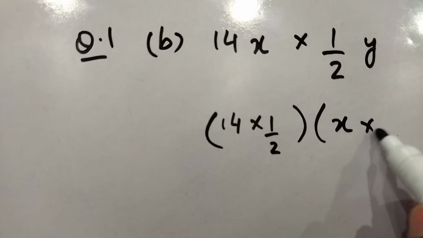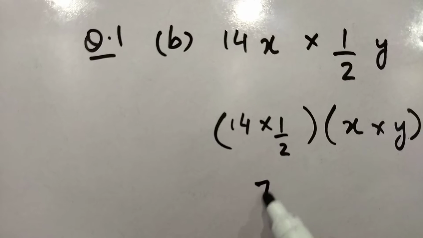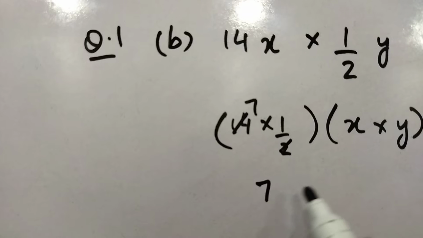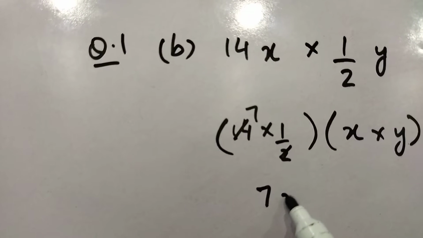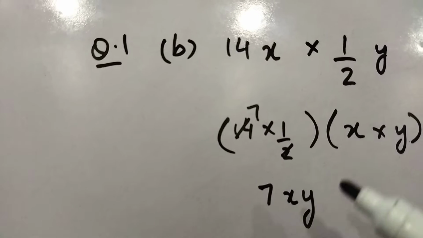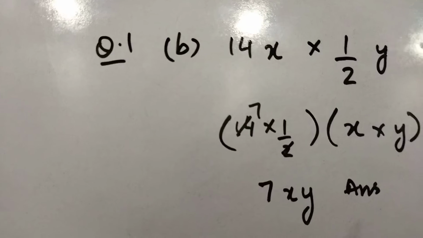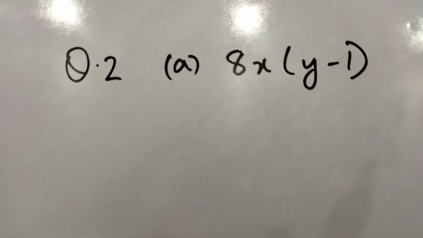And x into y is xy. So 14 multiplied by 1 upon 2 gives us 7. That is, half of 14 is 7, right? This is simple multiplication, and x multiplied by y is xy. So the answer to 14x into half y is 7xy. This is the answer.